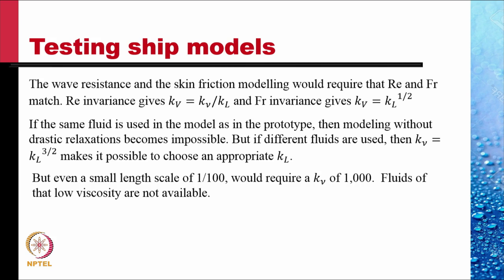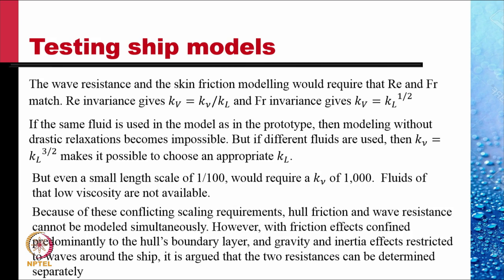That means the kinematic viscosity of the fluid used in the model study should be 1000th of the kinematic viscosity of water. Fluids of that low viscosity are not available. So this avenue is not open to us.